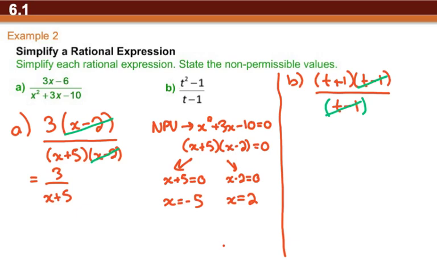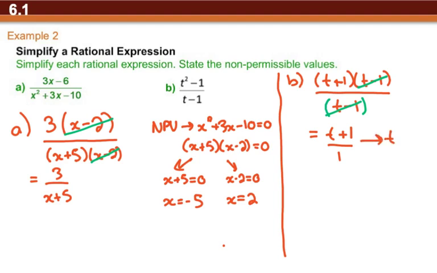So now what we are left with is t plus 1. A common mistake that happens is the placement of the t plus 1. Is it in the top? Is it in the bottom? Is it in both? While looking at where it was originally, it was in the top of the fraction. It will stay in the top. And there's nothing left in the bottom, but when we cancel, it's like dividing, so it will be over 1. But this step is actually not necessary.